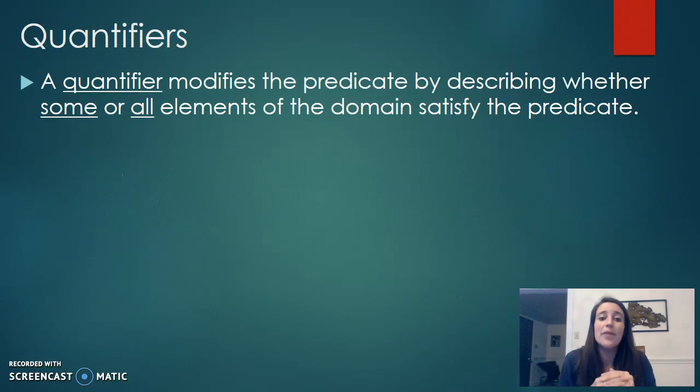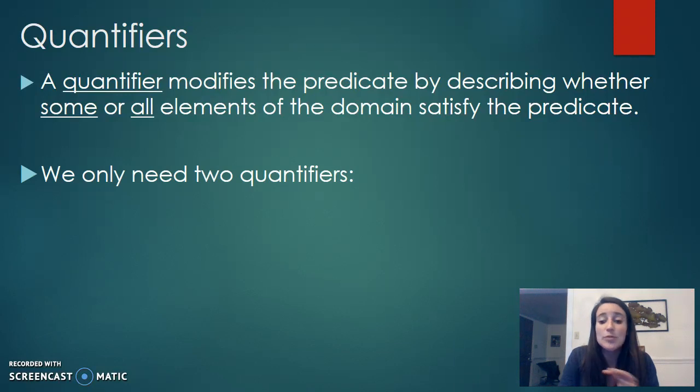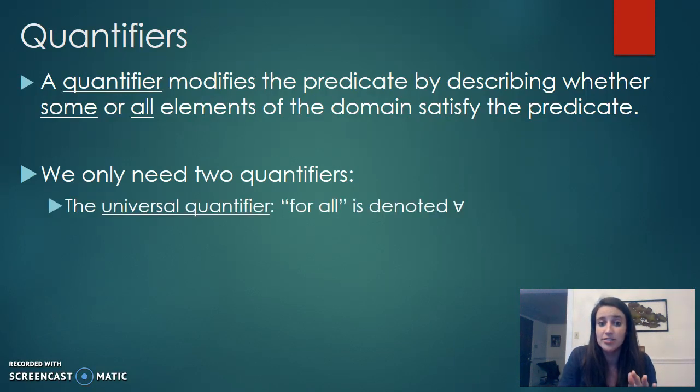A quantifier modifies the predicate by describing whether some or all elements of the domain satisfy the predicate. And we only need two quantifiers.